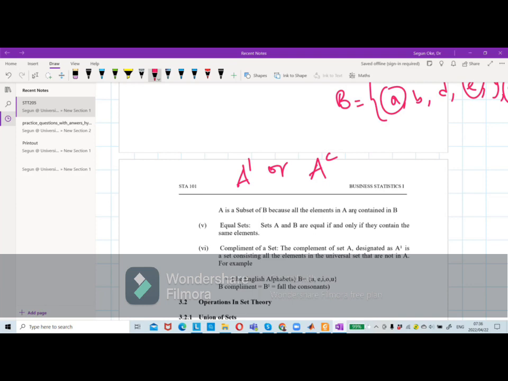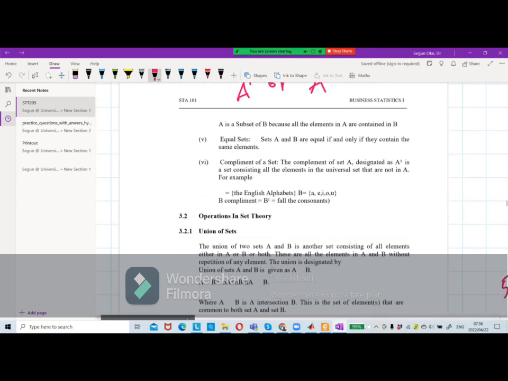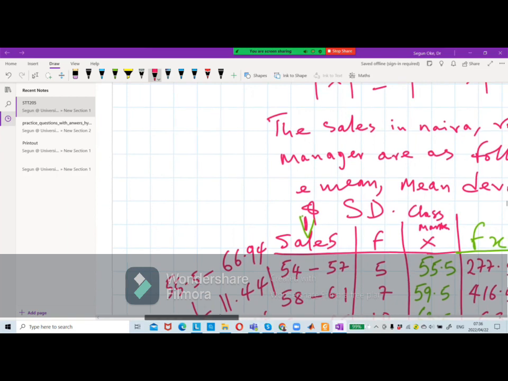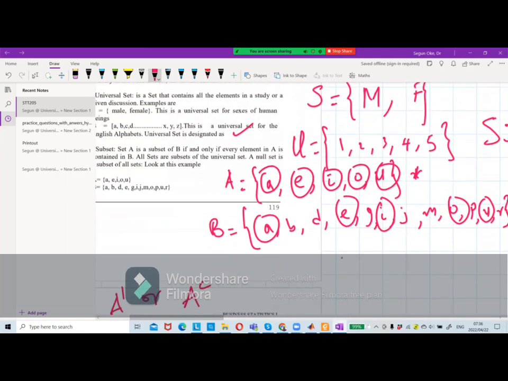For example, if I have a universal set, like I said the other time, let's say my universal set is 1 to 5, and I have, let me call it A. A is equal to 2, 4, 5.